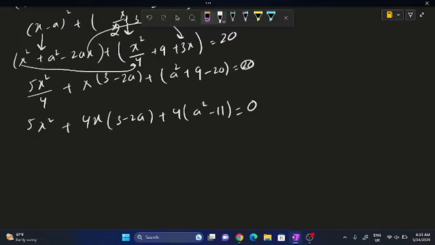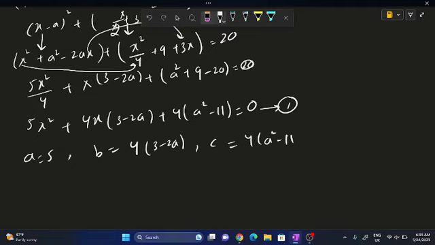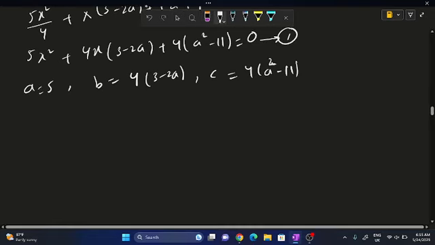So as a whole, I can see for this equation, marked as equation number 1, my a is coming as 5, my b is coming as 4 times (3 minus 2a), and my c seems to be 4 times (a squared minus 11). That is a, b and c. Definitely I have to find my discriminant.